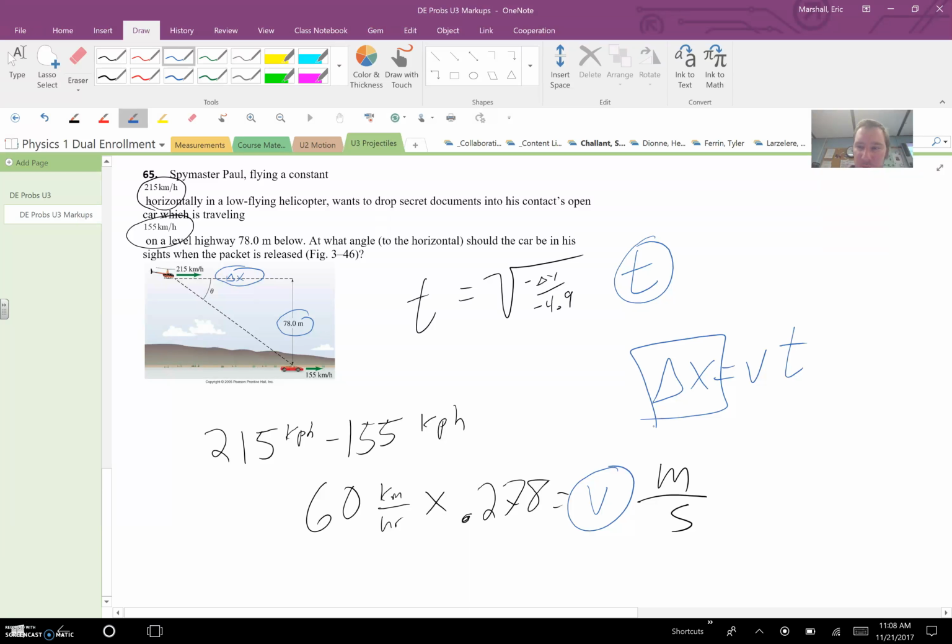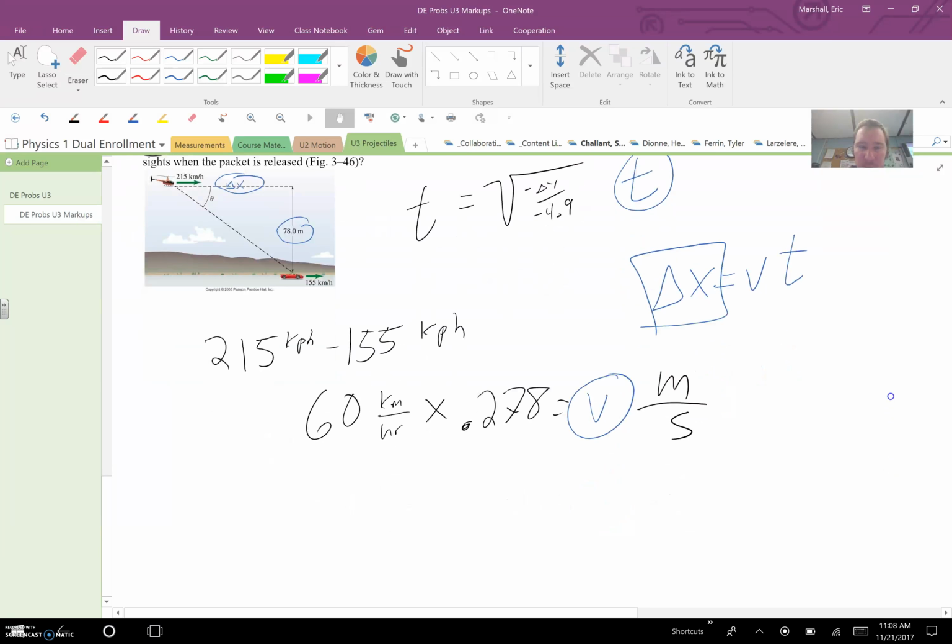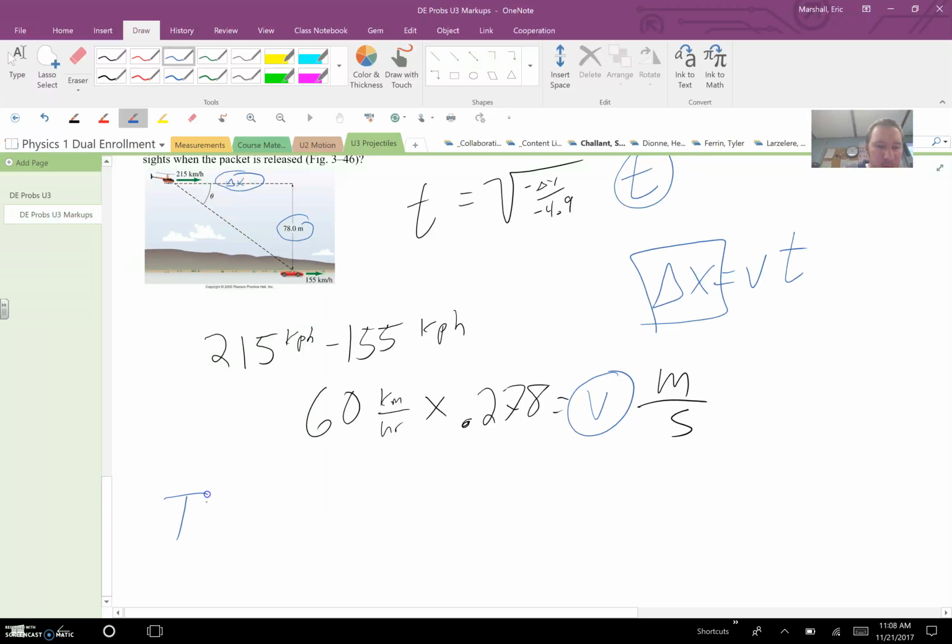So the piece of trig that we might not be too familiar with yet, tangent, is opposite divided by adjacent. Again, your calculator has all of these values stored.